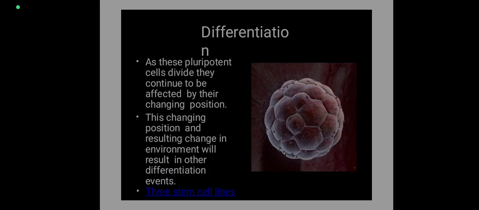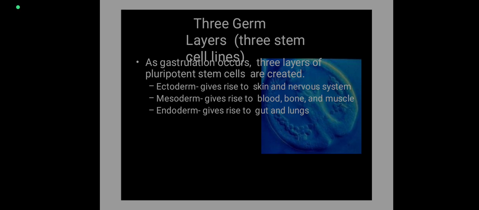Next, differentiation. As these pluripotent cells divide continuously, their changing position and resulting changing environment will result in other differential events. There are 3 germ layers, which are very important in stem cells.